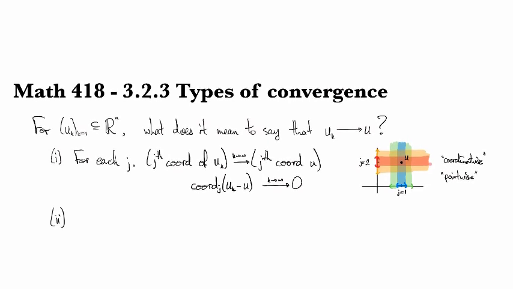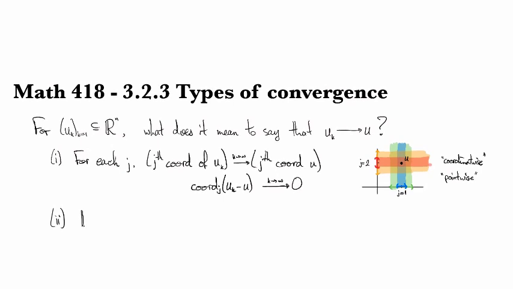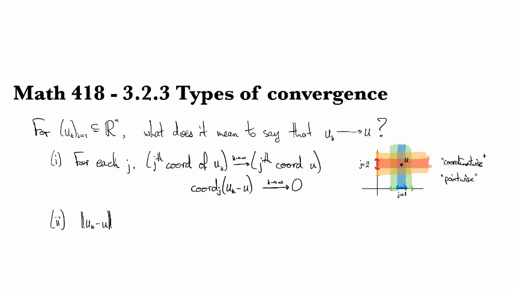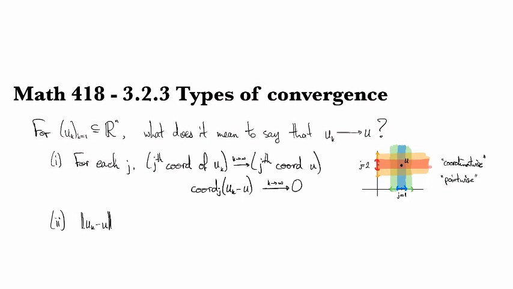Here's another way. We could say, well, let's just look at the distance between uk and u. As we saw before, the distance is the norm of the difference.